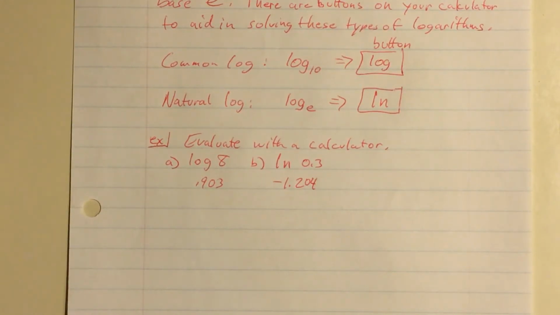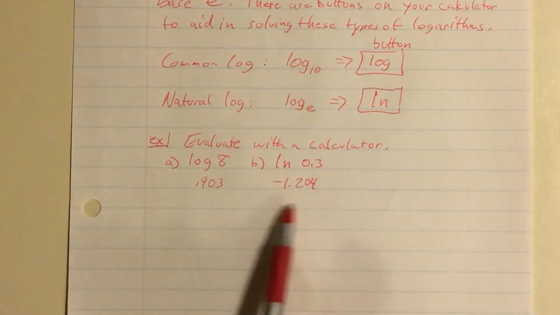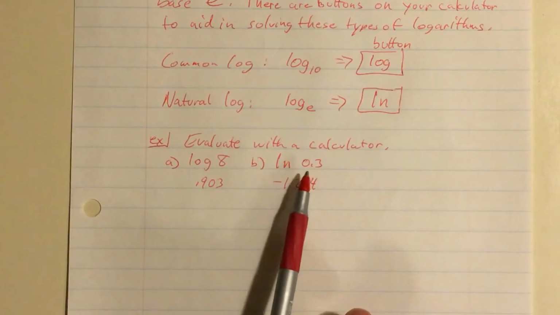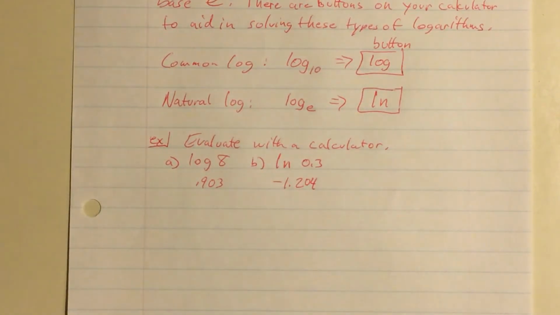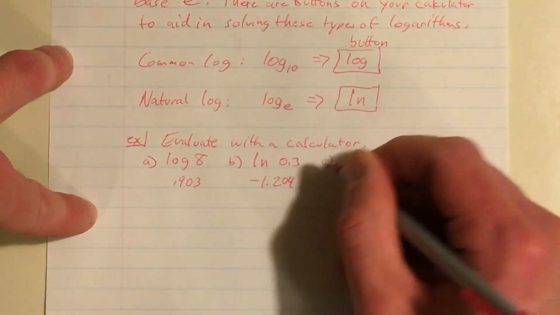It's like 3/10. Well, e starts out as around 2.72. To get it to be less than 1 like that, to get it to be a fraction, you're going to have to flip it over. So remember, logs actually ask you what exponent. E to what power gets you 0.3, and sure enough, it was a negative to make it less than 1. So it's kind of a curious thing. Well, let's go on.